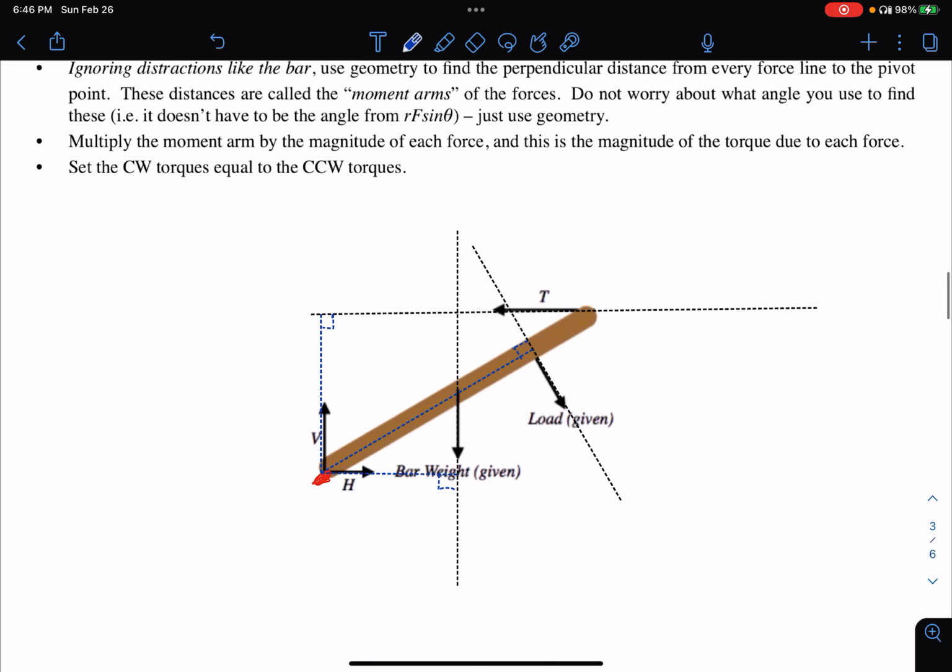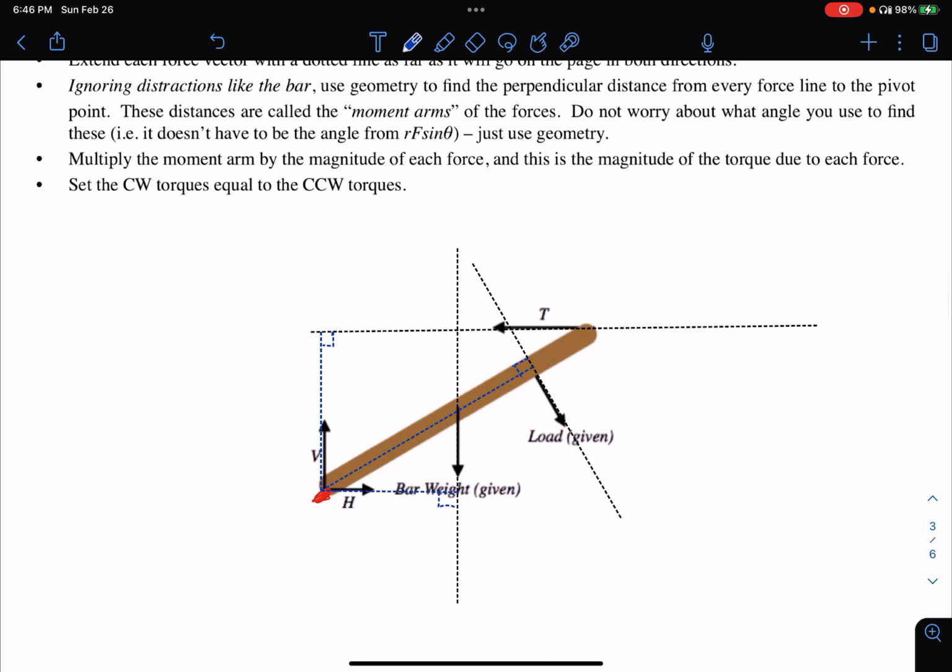We can say this is, let's call this angle theta. We don't need theta at the end, but it is good to have some intermediate symbol to help us analyze the problem. And let's say the total length is L. Then here, this moment arm will be L sine theta.